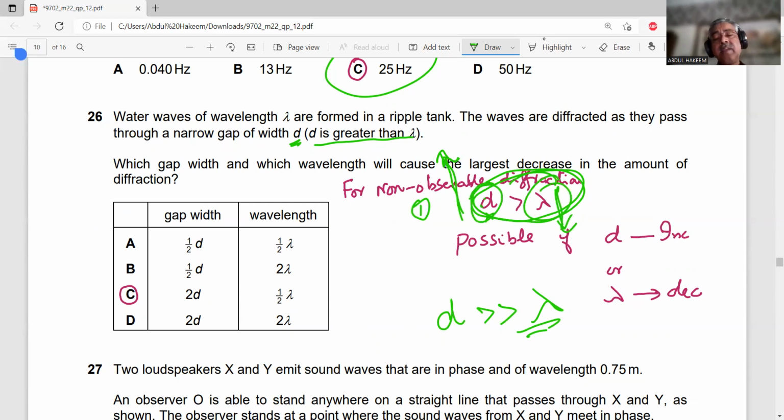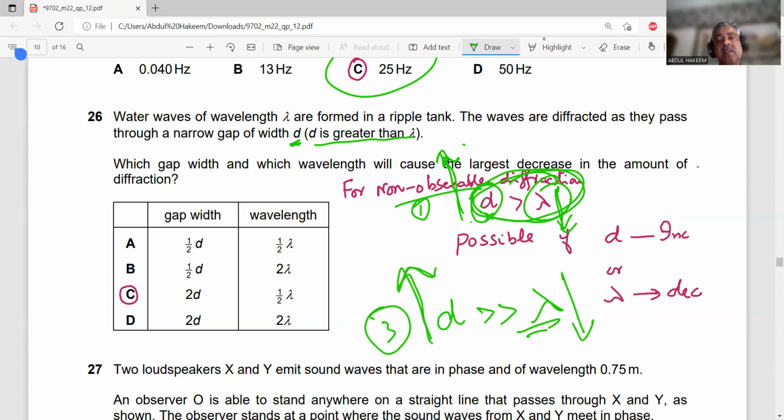D is greater than lambda for the non-observable, and we have to make it more non-visible. I mean, we have to decrease the amount of diffraction. So definitely D must be much larger as compared to lambda.